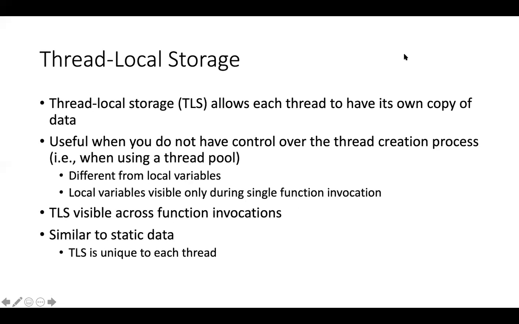Lastly, we're going to look at thread local storage. Thread local storage allows each thread to have its own copy of data. This is useful when you do not have control over the thread creation process, especially when you're using a thread pool.